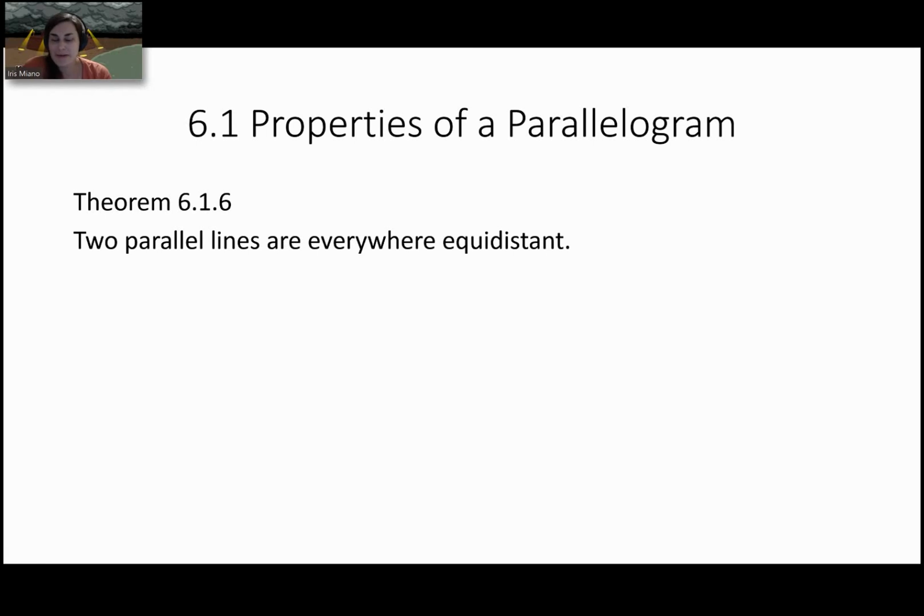So this seems like a bit of a deviation. But remember, in a parallelogram, opposite edges or sides of a parallelogram are parallel lines. And what we're saying here is that they're everywhere equidistant.